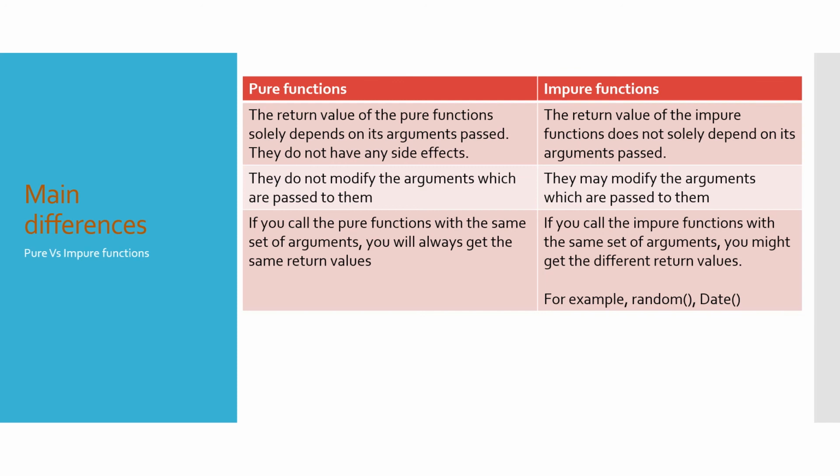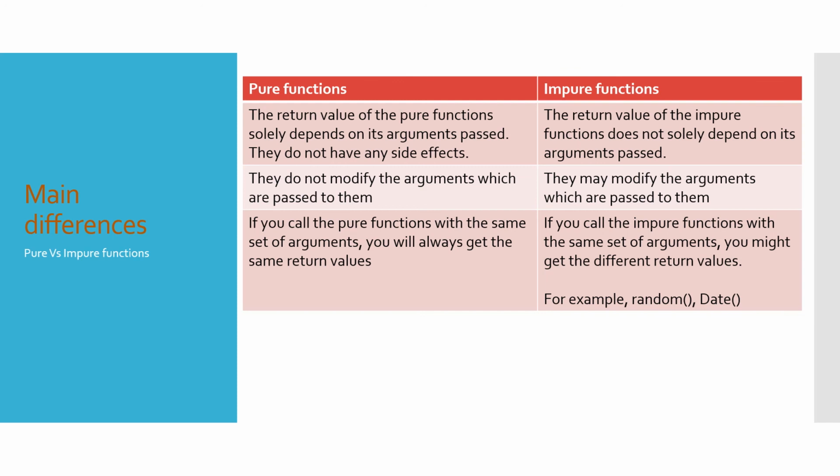They do not have any side effects. But an impure function does not solely depend on its arguments passed, and the return value could change basically. Second point is they do not modify the arguments which are passed to them. They're consistent. But impure functions may modify the arguments which are passed to them at any time.